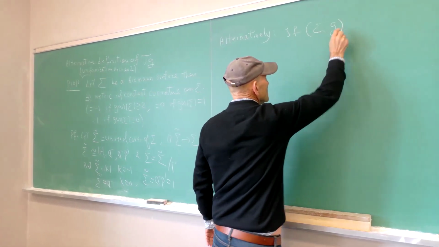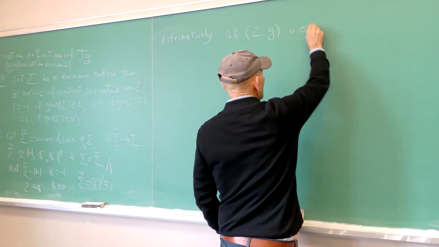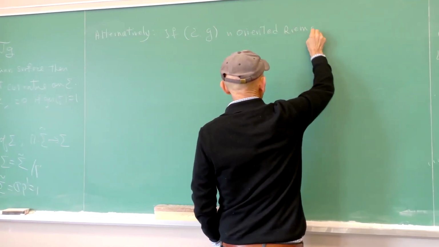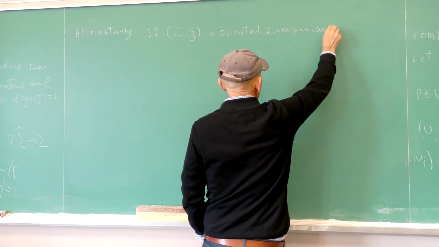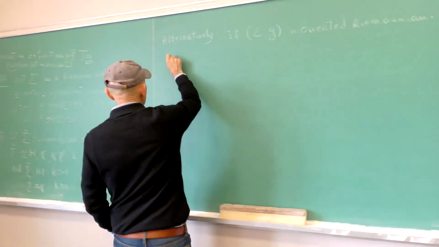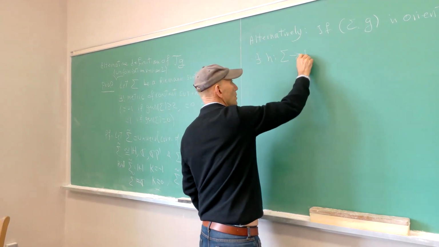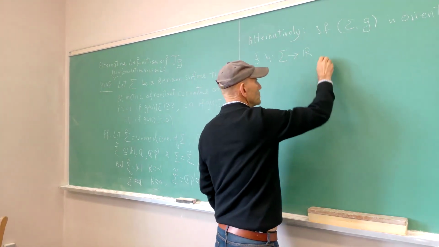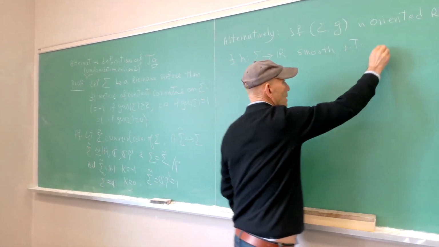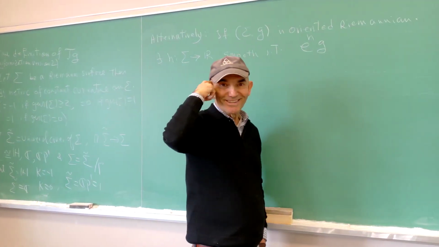If sigma, G is an oriented Riemannian manifold, then there is a smooth function H on sigma to R, smooth, such that e to the H G is a constant curvature metric.